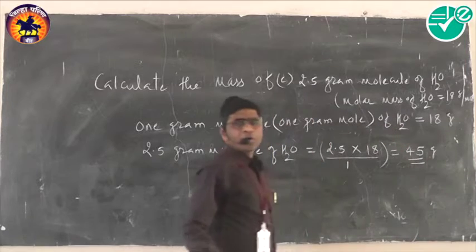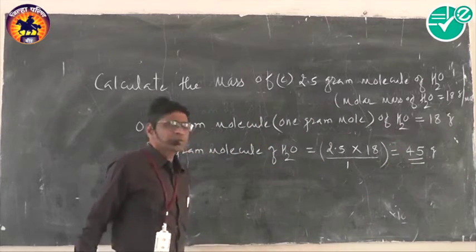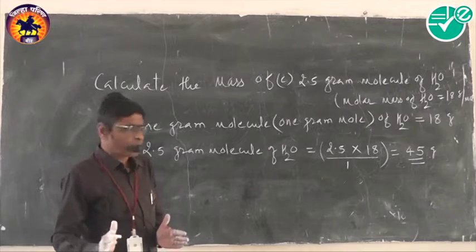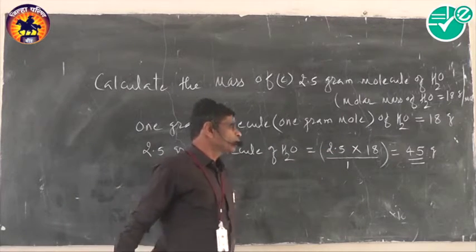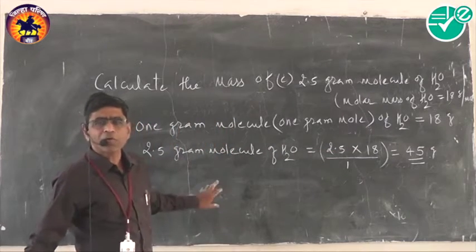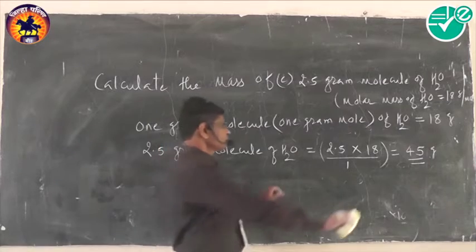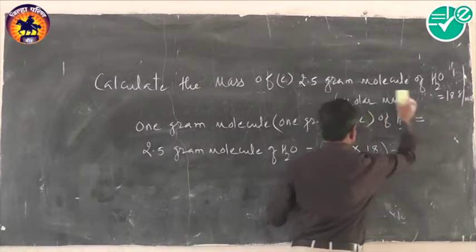And so remember, the mass of 2.5 gram molecule of water is equal to 45 gram.